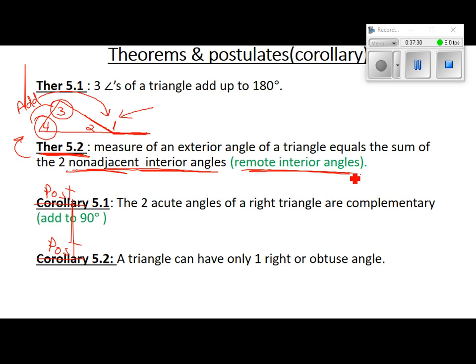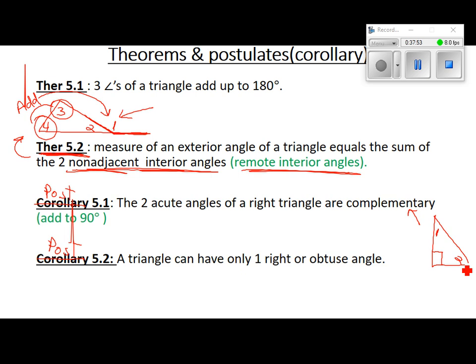Next one. If I have a right triangle, draw this picture for this one. Just draw some right triangle, put the little box in the corner. We'll call this angle 1 and angle 2.